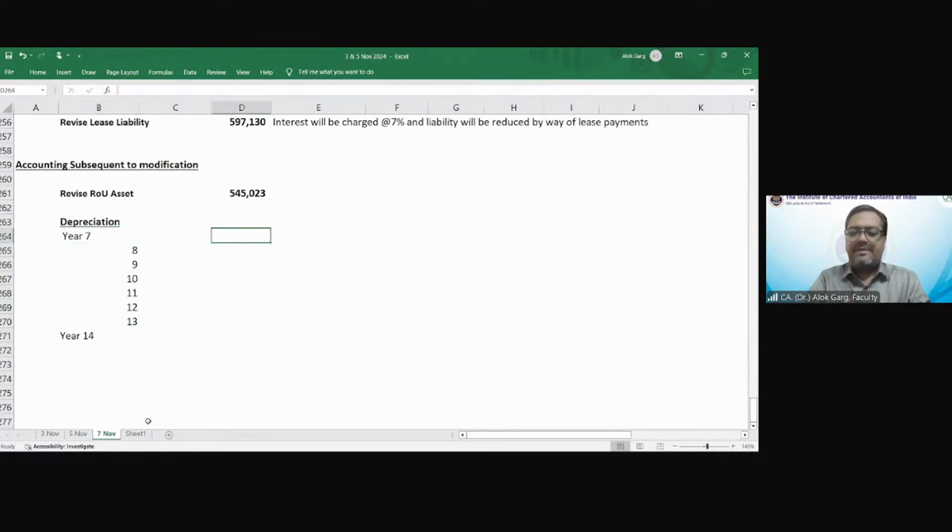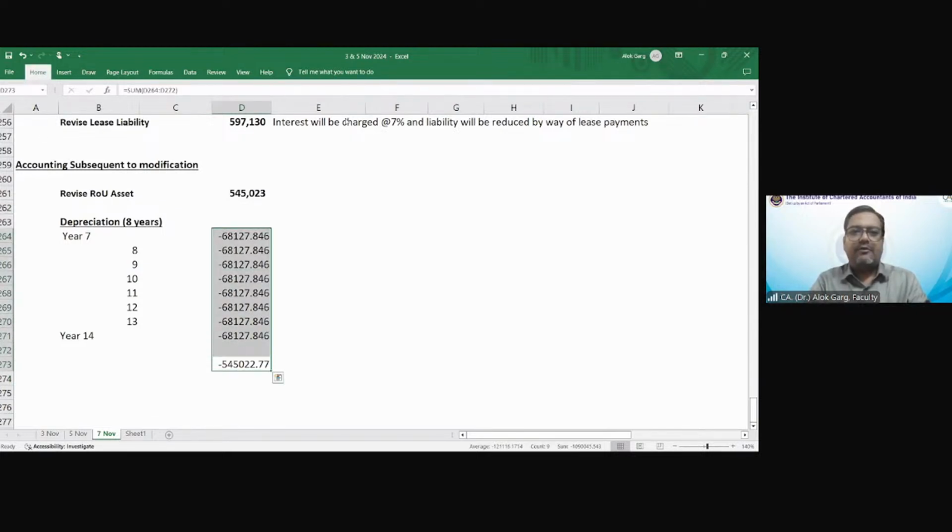So what is my depreciation? This total is depreciation over an 8-year period. Divide by 8. My total depreciation is 545023.